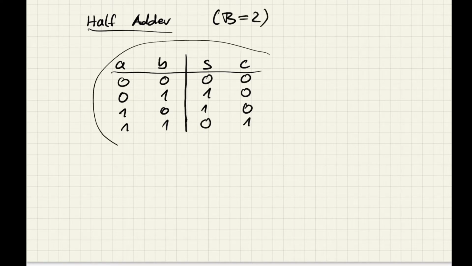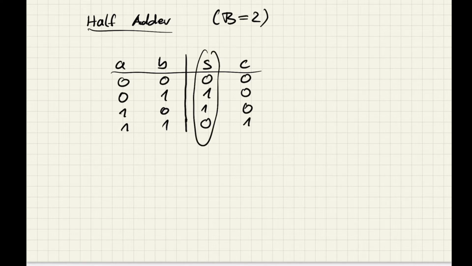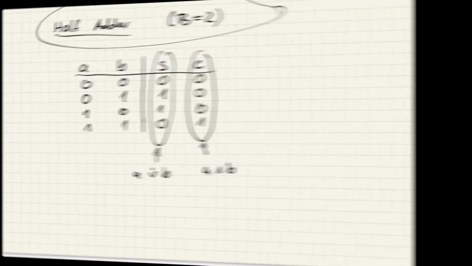Now this here can easily be realized with logic gates, because if you look at this column, then you basically see this is an exclusive OR of A and B. So we can say this is A exclusive OR B. And what you see here in this column, this is an AND of A and B. And before we continue to think about how to build a full adder, let's go to Circuitverse and realize this half adder here.